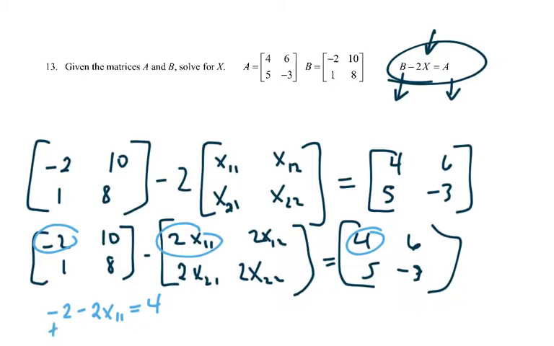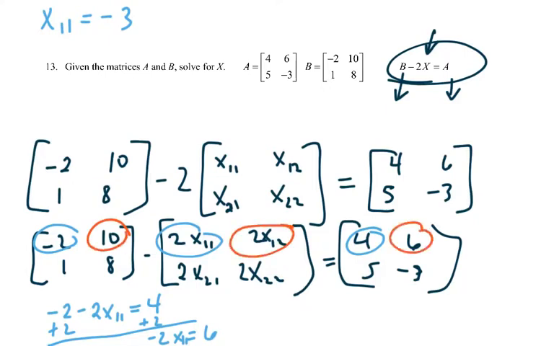Solving this, I'm going to add 2 to both sides, so I get that negative 2x equals 6, divide by negative 2 on both sides, and so I get x sub 11 is equal to negative 3. I'm going to write that up here. Okay, we're going to do that with each of these. So the next one is 10 minus 2x12 equals 6.